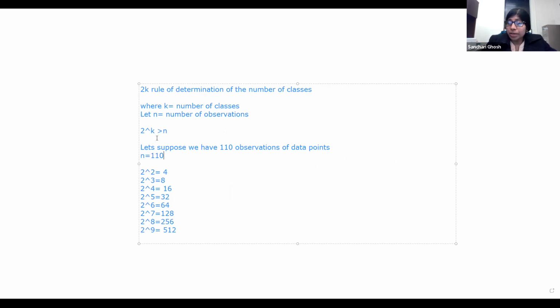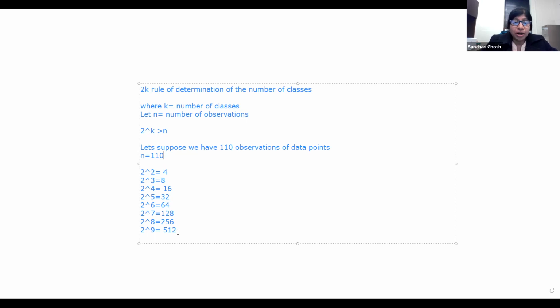So 2 to the power K should ideally be greater than N. Sometimes if it's equal, you can still take that many classes. So if the number of observations is 16 or 32, you can take 4 or 5 classes. But it's always better and safe to err on the side of more.